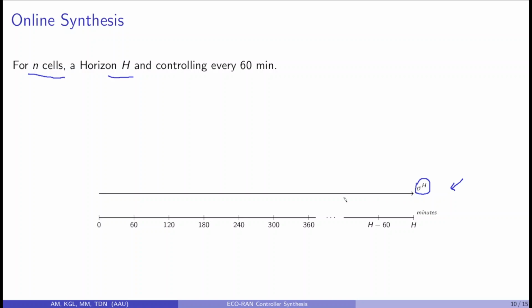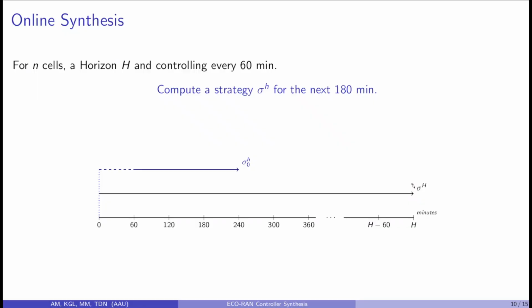Since this is very big and we have to make decisions at every hour, it's not possible to compute such a strategy. So what we do instead is we compute a very short time horizon strategy for the next 3 hours. When we start the system, for example, we have all the cells on, and then we have 1 hour to compute a strategy.